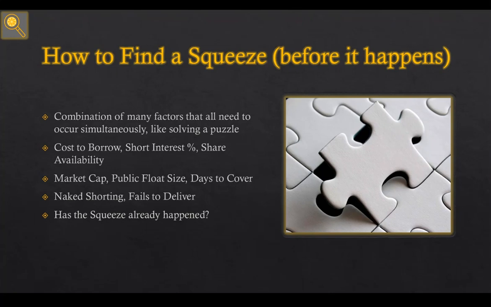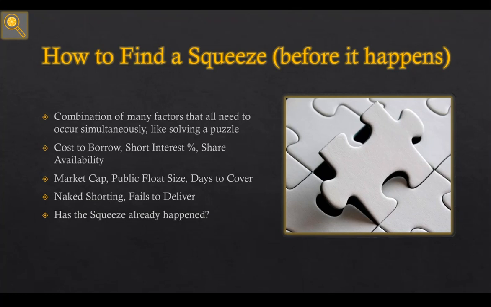Fails to deliver is when the lender who's lending the shares to the short seller thinks they were able to locate some shares, and then at the end of the day, they found out that they actually didn't have any. So they weren't able to deliver the shares that day. The SEC gives them 35 calendar days to locate those shares.